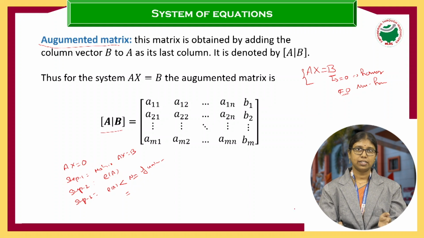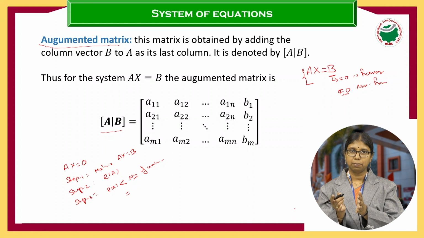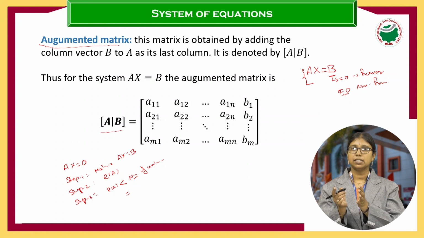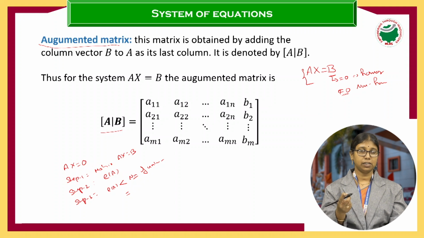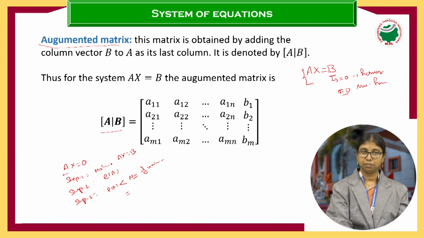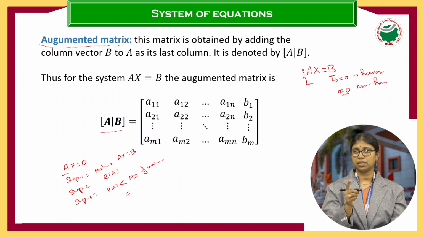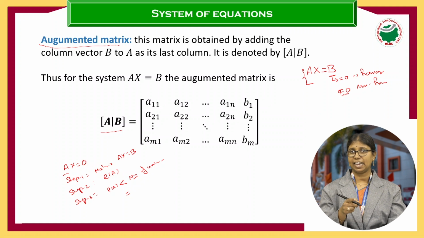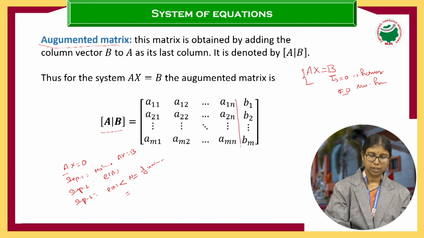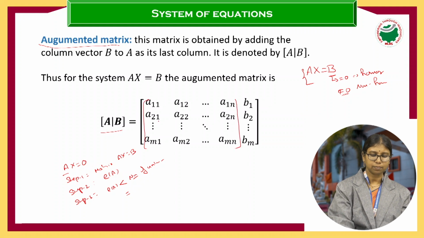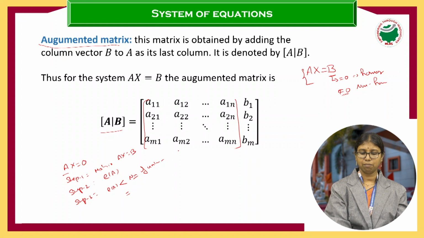which is defined as simply adding the column vector B as the last column of your matrix A. In the previous explanation, I told you I am taking m equations with n unknowns, and I explained how we have to take A, X and B from those equations. This one is your A, the coefficient matrix, A11 to A1n, AM1 to AMN.